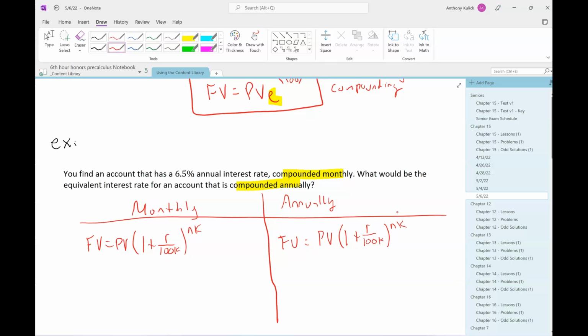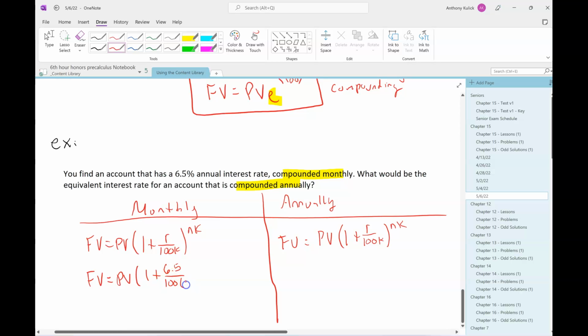So far, so good. Okay, let's start filling in. Obviously, I don't have all the information I need for this, so we're going to have to be a little bit clever about how we do this. But let's start filling in what we can. So let's look at the monthly equation. What can I fill into the monthly equation? I can fill in R, which is 6.5, and what else can I fill in?